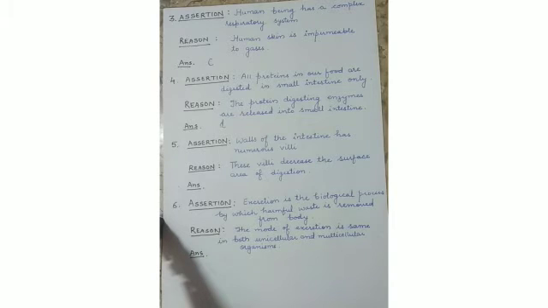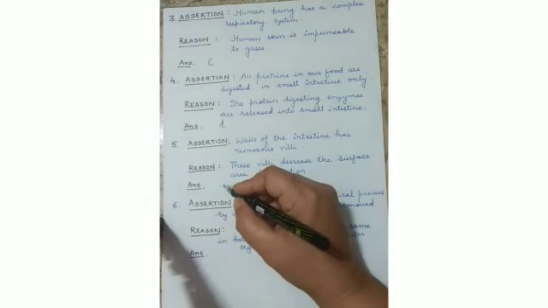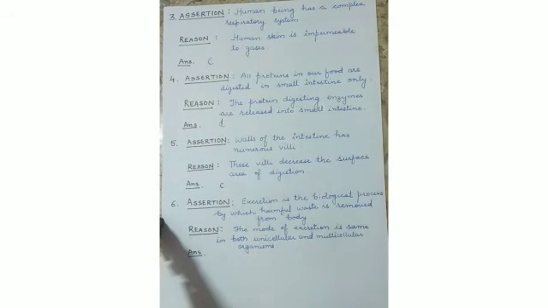The villi decrease the surface area of digestion is incorrect. What should come here? The villi increase the surface area of digestion. So your right code for this is C. Means assertion is true but reason is false.